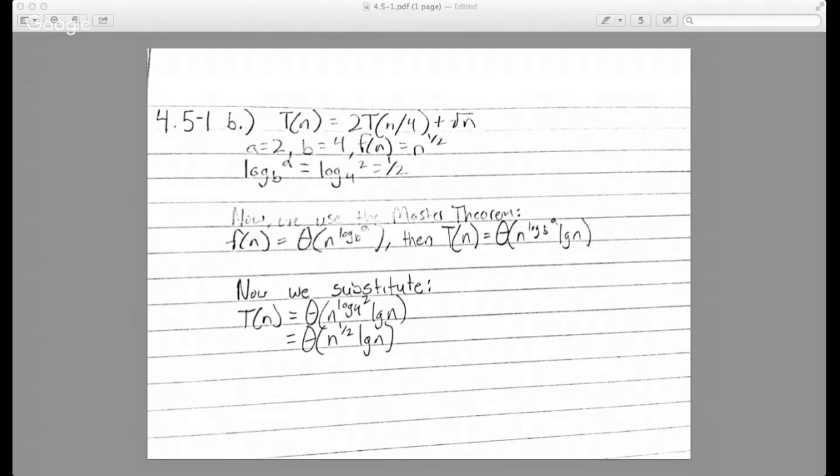So now we substitute. We have T of n equals big theta of n to the log base 4 of 2 times log n, and then we have our final conclusion that T of n equals big theta of n to the 1/2 times log of n. So now we'll move on to the next one.